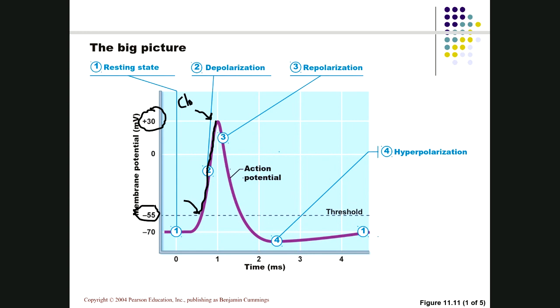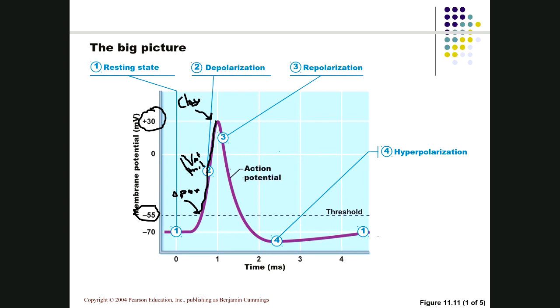So the voltage-gated sodium channels open here, and they close here. During this time when they're open, sodium is going to rush in, but when we get up here to plus 30, they're going to close.